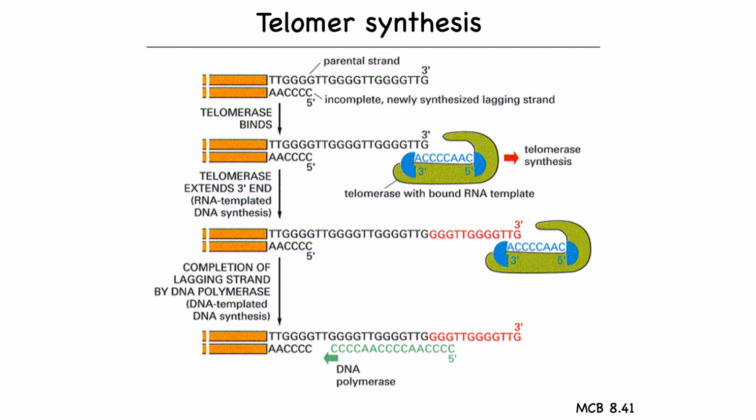And so it can synthesize a short region of DNA and then back up and do it again and put this same sequence on the end of the chromosome over and over again. So you get these repeated sequences on the end of eukaryotic chromosomes. And different species have slightly different repeated sequences.